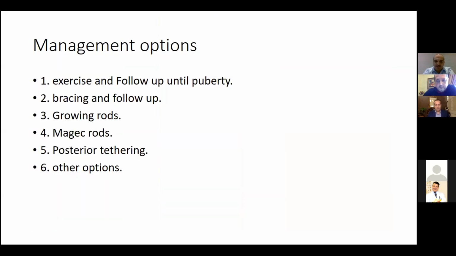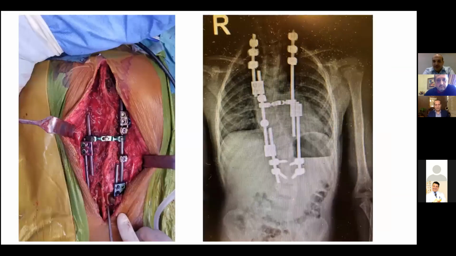Now what we did is a posterior tethering. We started this technique with Dr. Ala Azmi in Abdari Hospital. In the last 6 months, we did around 8 cases. This is a fusionless surgery. The only segment that is fused is the base. So these are the screws where we do a fusion here.